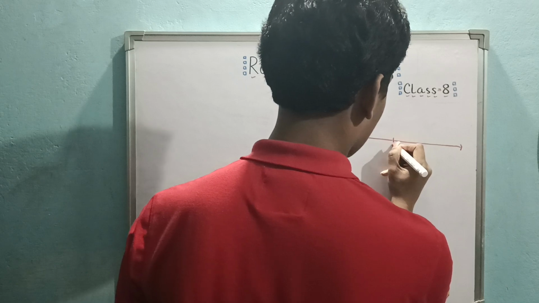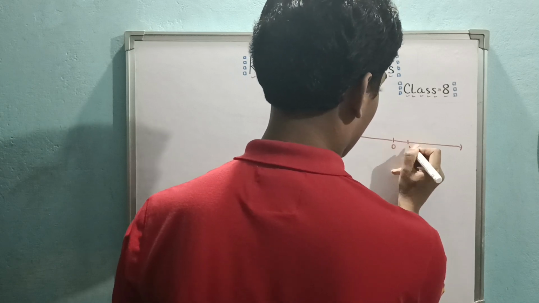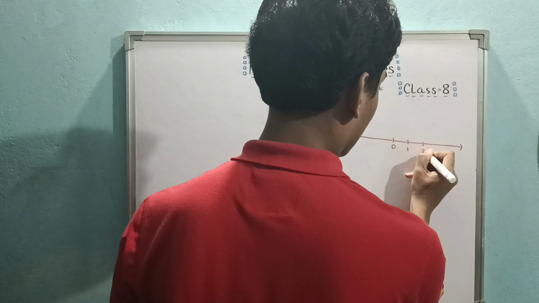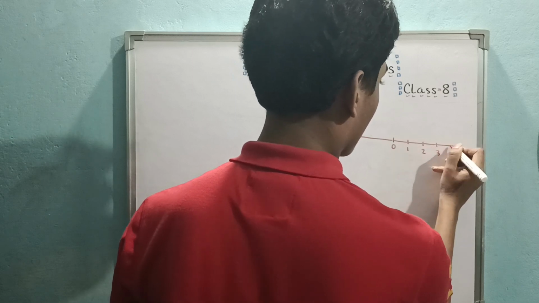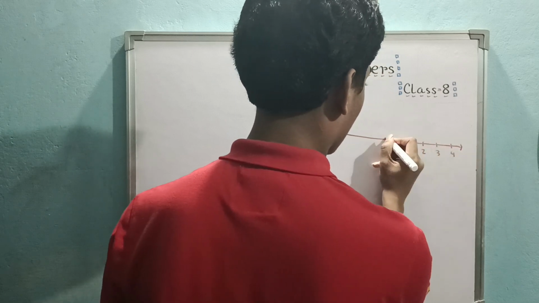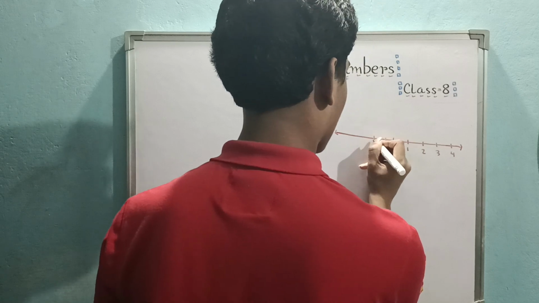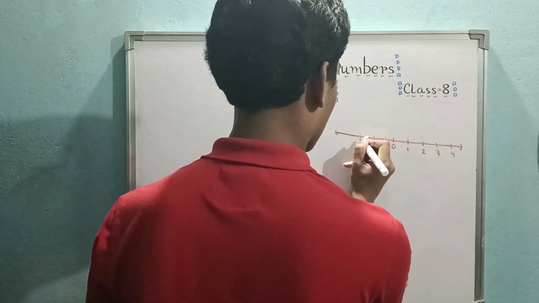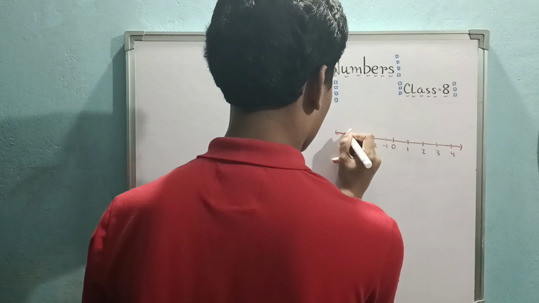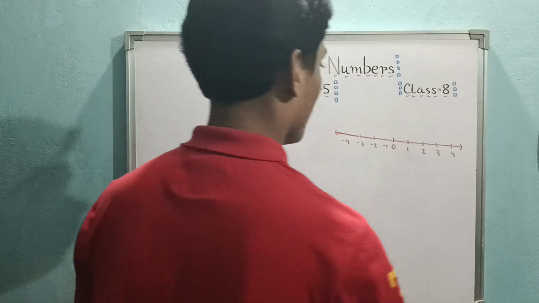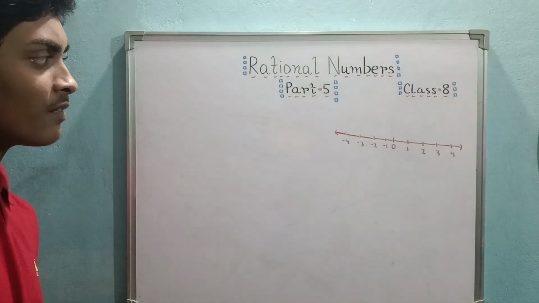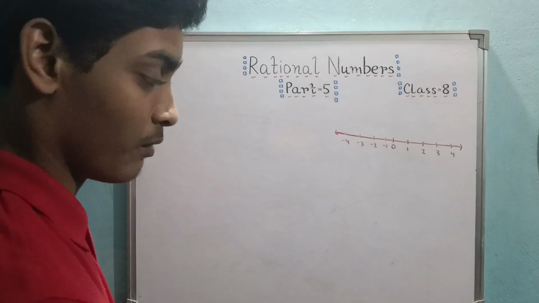Then 0, 1, 2, 3, 4, and here in the negative direction, -1, -2, -3, -4, it will be like this. So this is our number line which will help us to do the sums.